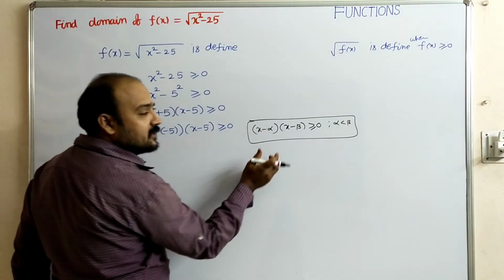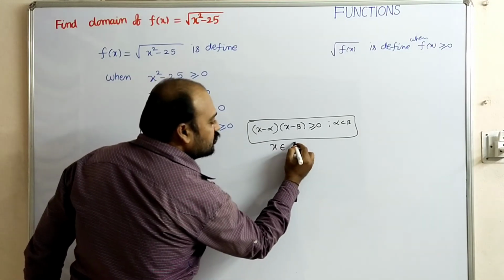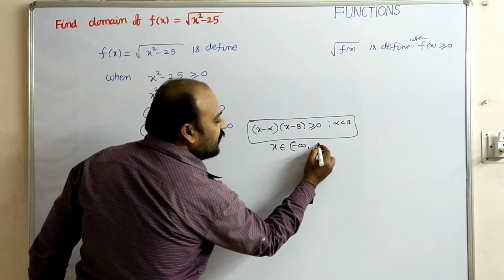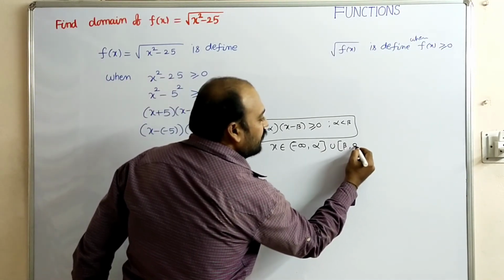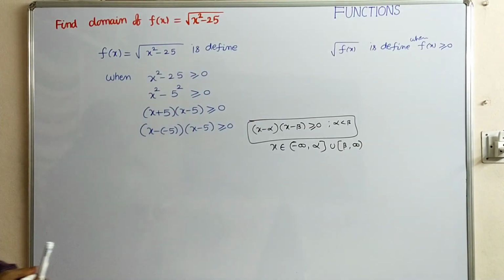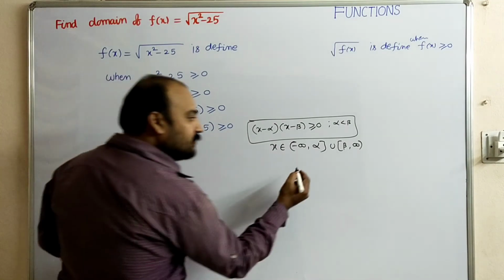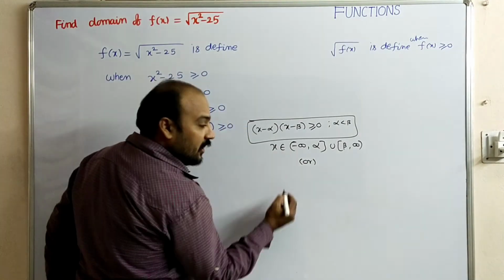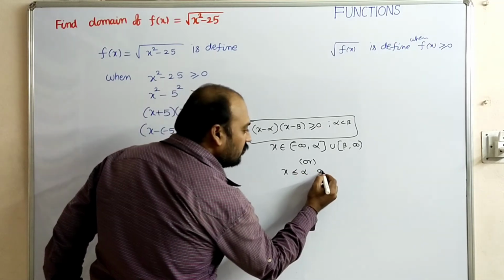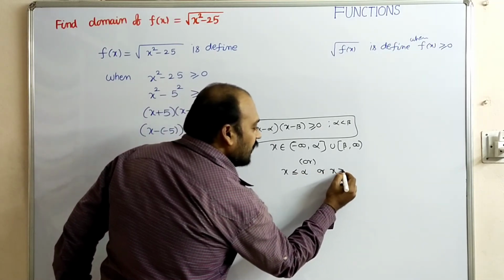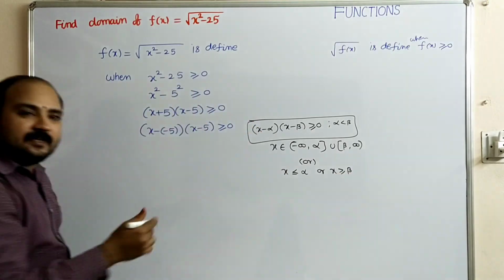For what values of x is it defined here? x belongs to the open interval of minus infinity to closed α, union closed β to infinity. For these values it will be defined. Or in other words, x is less than or equal to α or x is greater than or equal to β. Both mean the same.